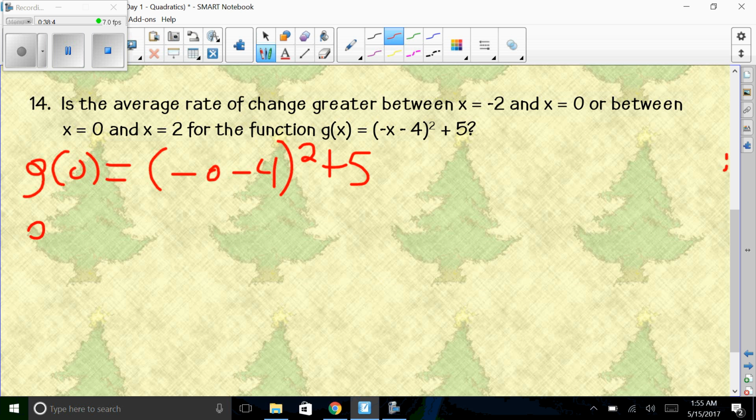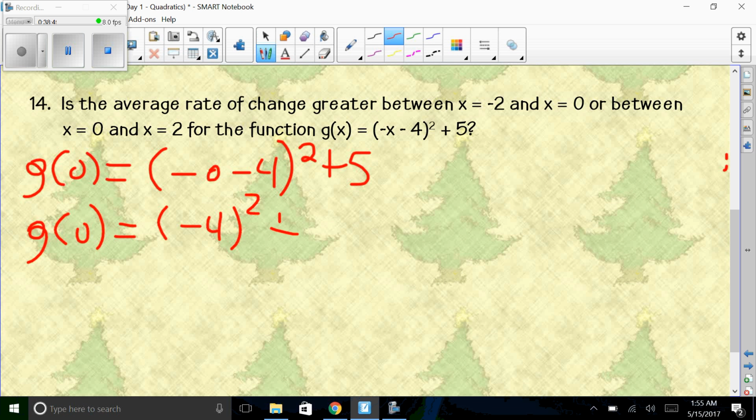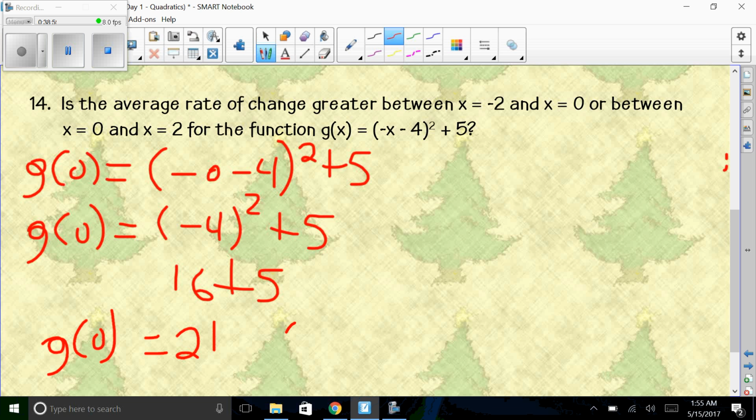Plug that in your calculator. Or if you just did it by hand. Alright, so my first coordinate is 0, 21.